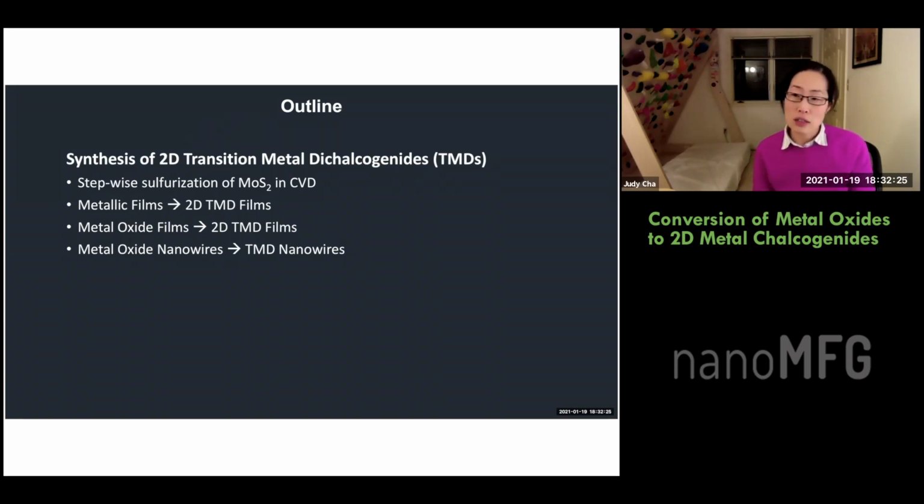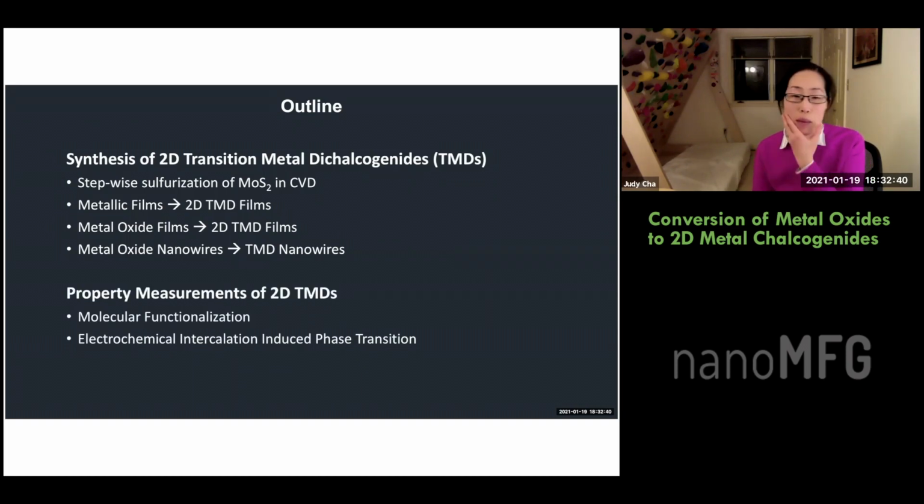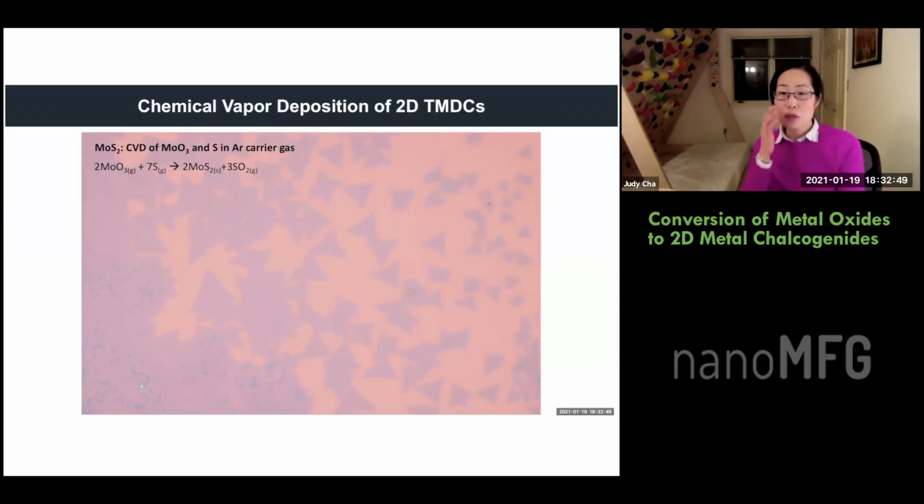And I learned that the substrate on which you put the metal oxide films mattered quite a bit. And then you can do films, but you can also do wires, where you start with metal oxide wires, and then you convert them into TMD nanowires. And if there's some time left, then I can tell you some of the properties that I measure using the materials that I grow.